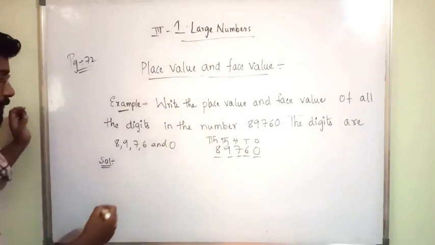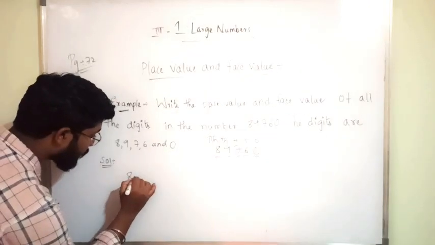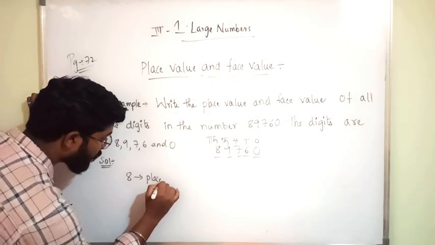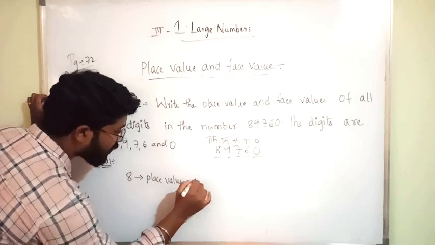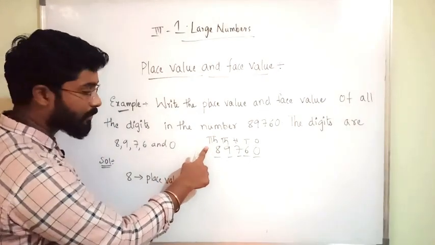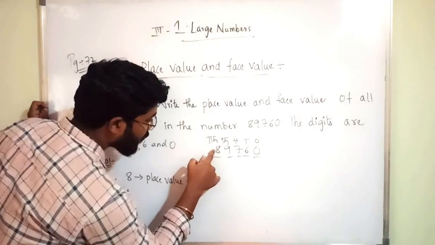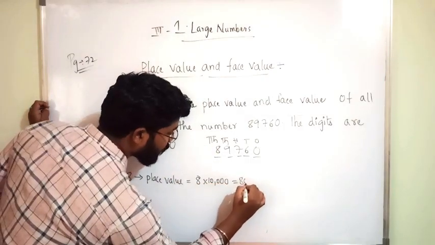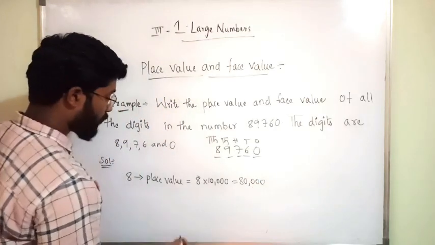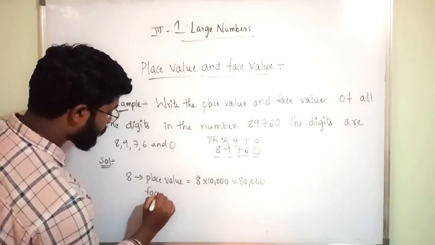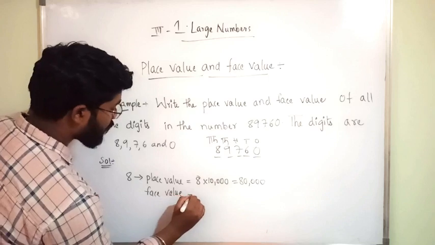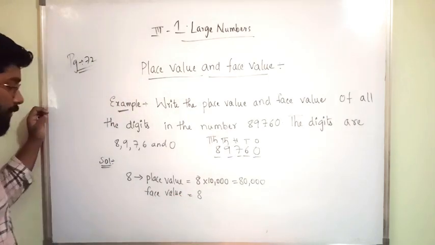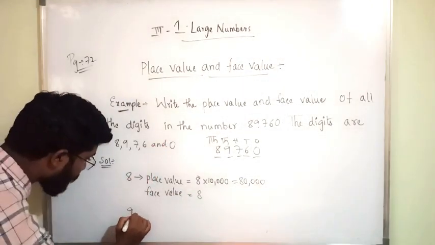Starting from 8, 8 is in which place? 10,000s place, no? 8 into 10,000, 80,000. Face value is 8 only.